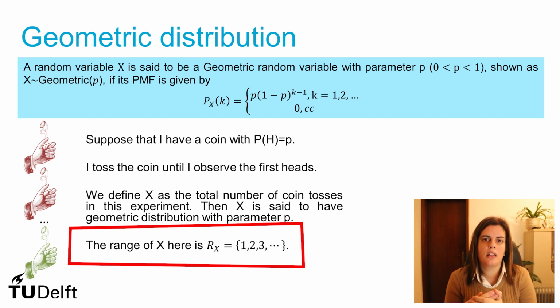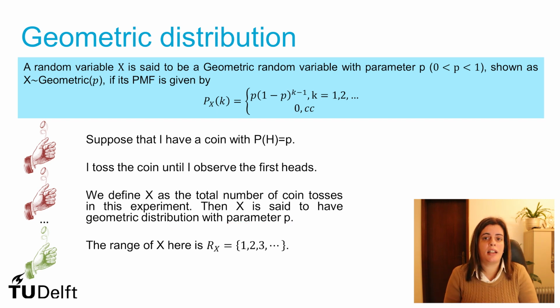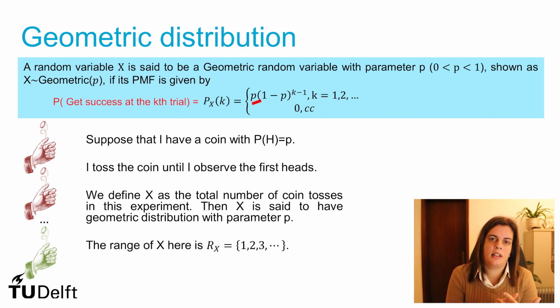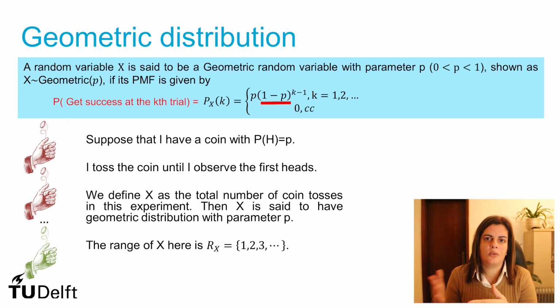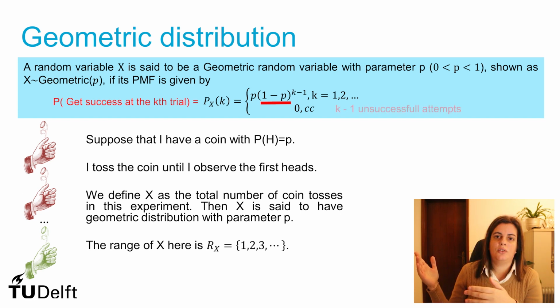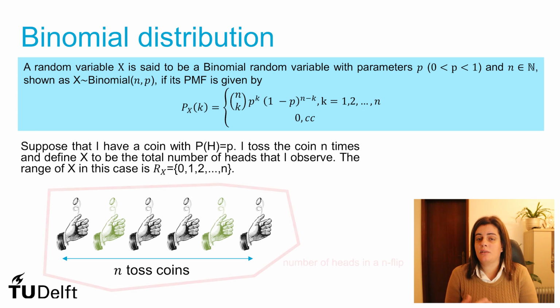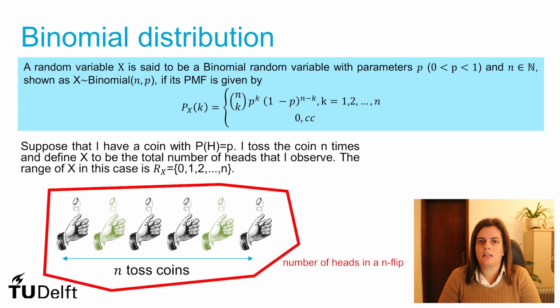So how do I calculate the probability mass function, or the probability that a random variable assumes a certain value? Well, it's the probability of success multiplied by the probability of non-success, 1 minus p, raised to the power of k minus 1.